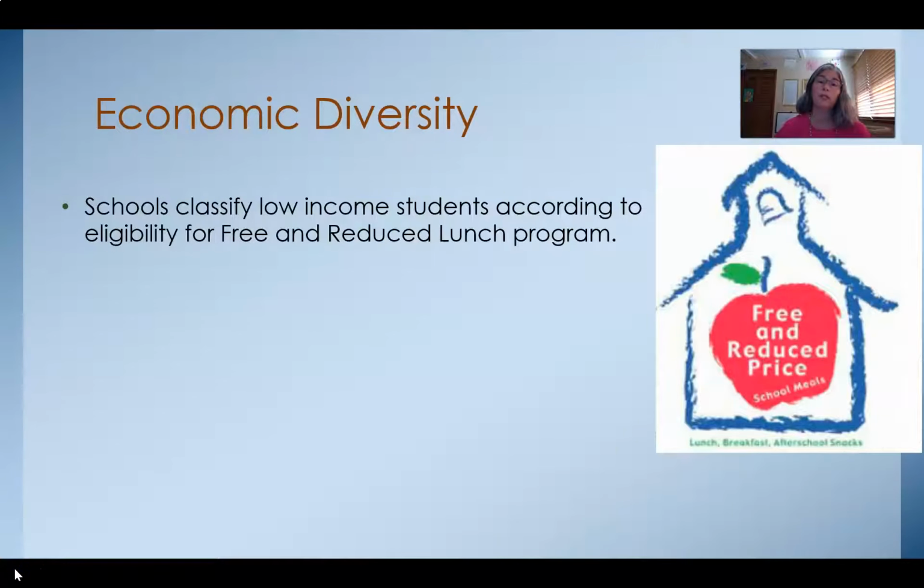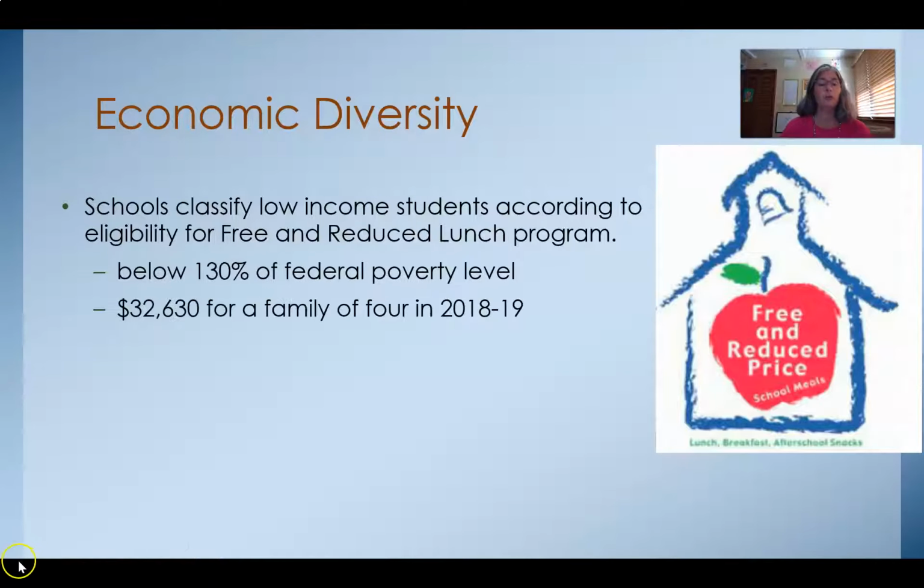So how do schools classify a student as low income? What they typically do is look at the guidelines for the free and reduced lunch program. In order to be eligible for free or reduced lunch, your family needs to be below 130% of the federal poverty level, which means you can be slightly above the poverty level.